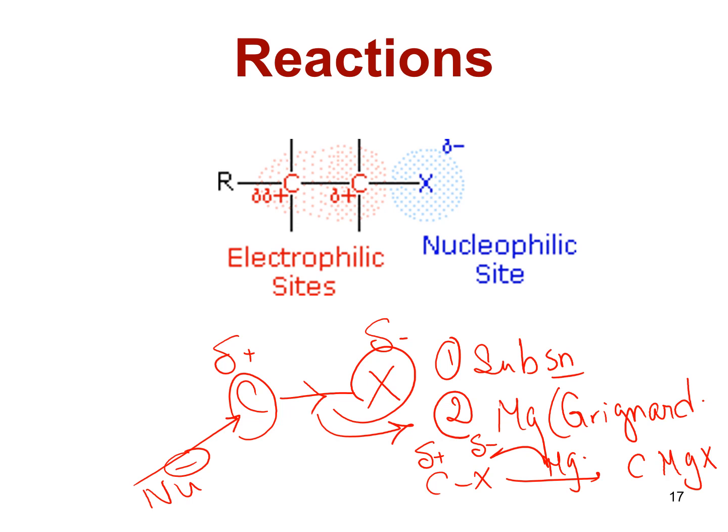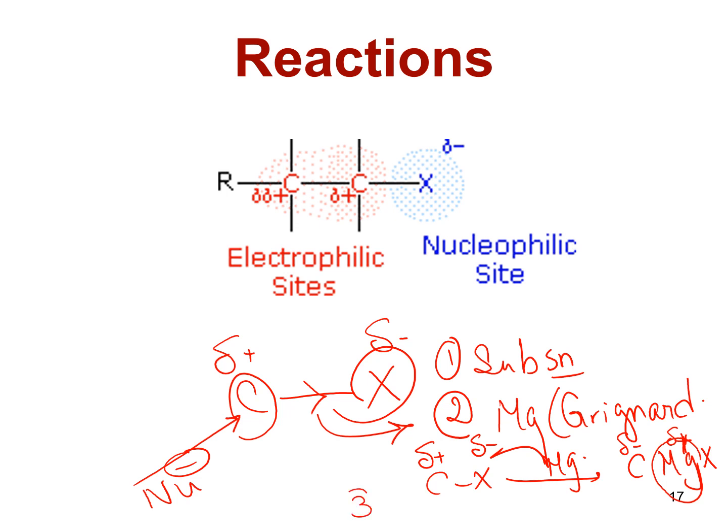However, when you put a metal in between, metals are highly electropositive. Accordingly, the carbon will be more electronegative than the metal, and thus the carbon will carry a partial negative charge and the metal will carry the partial positive charge. So what you actually have done is that you have inverted the charges on the starting material. At the beginning, before the metal, you had the positive on the carbon. By the end of the reaction, you have a negative on the carbon. So you are actually inverting the charges by using the metal.